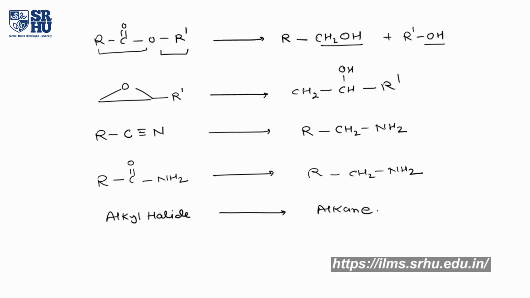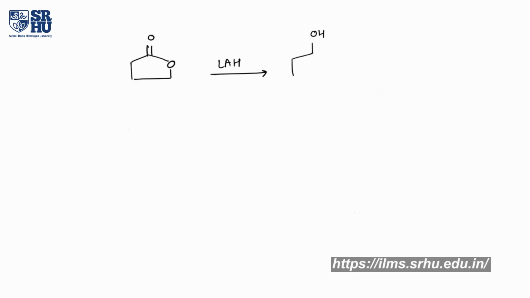Okay, so here in the same way, ester is again broken down by lithium aluminium hydride, gets reduced, and thus both the parts become alcohol. So you will get two OH groups on the same molecule, hence it becomes diol. So this is a cyclic ester. Cyclic esters are also known as lactones.